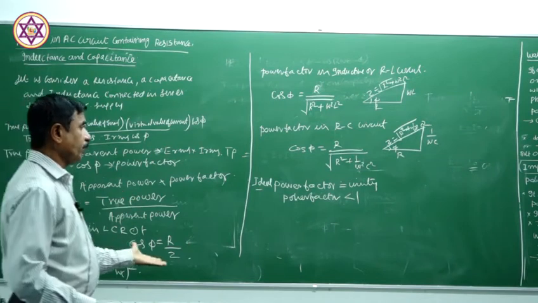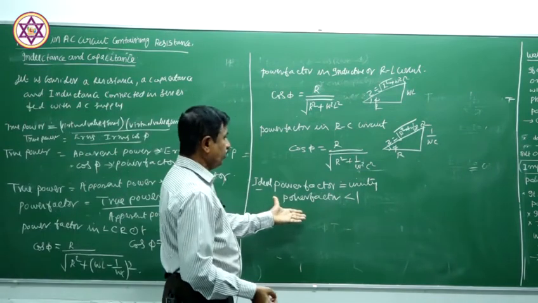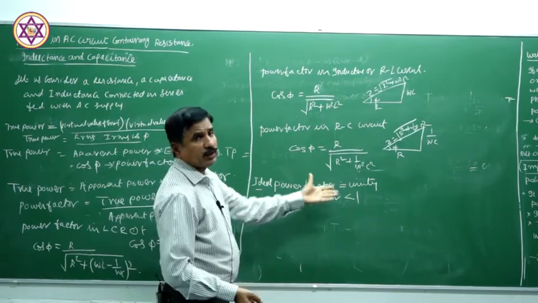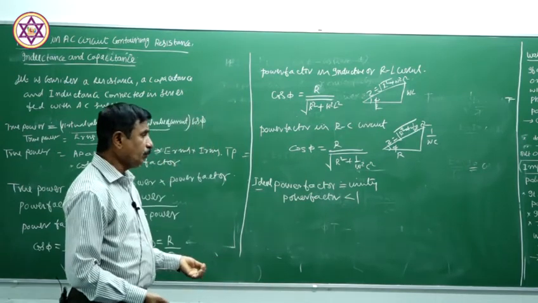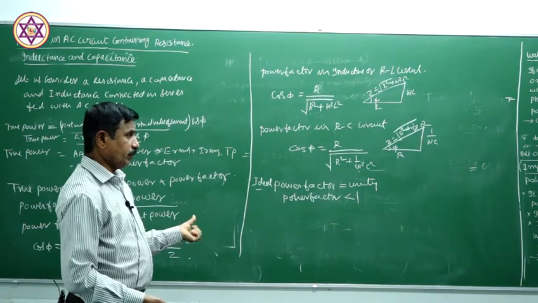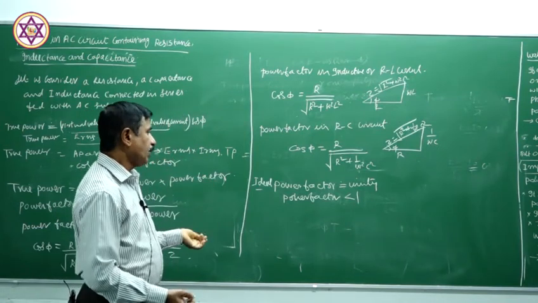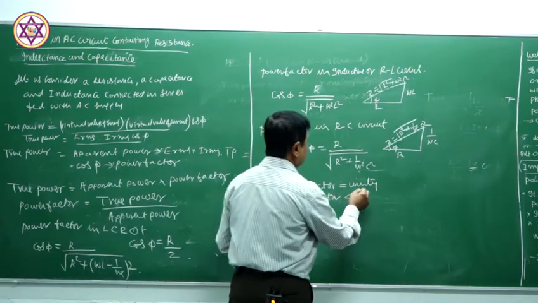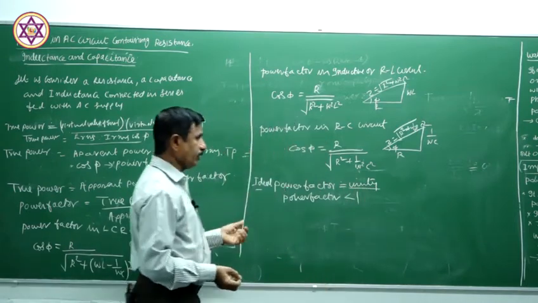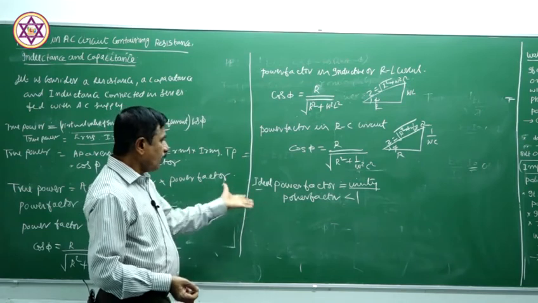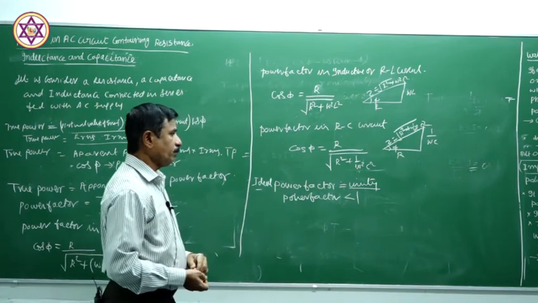We have to supply a large amount of current for the given amount of power. The ideal power factor is considered to be unity; only then is full usage of the power consumed.